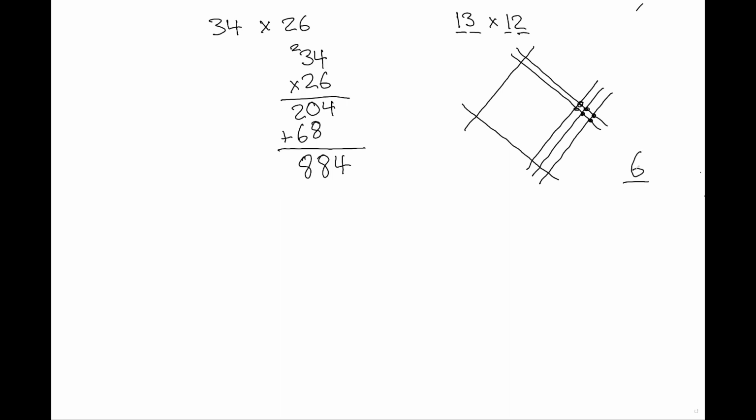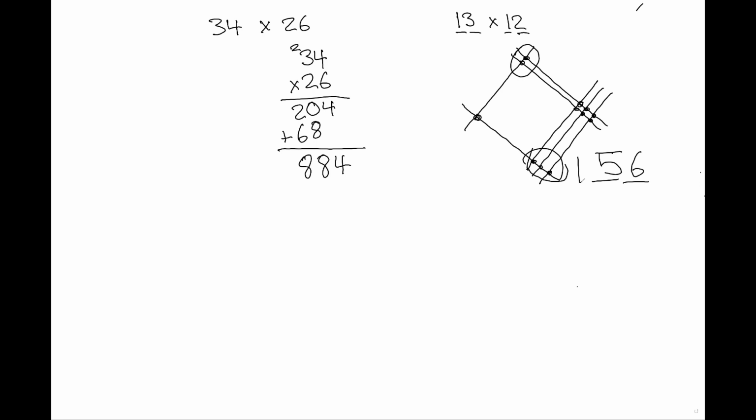Now for this middle value, we'll take both of these sections and add the intersections. So we have 1, 2, 3, 4, 5. So our middle value, or our tens place value, is going to be 5. Now, we have one intersection here, so we have 156 as our answer.